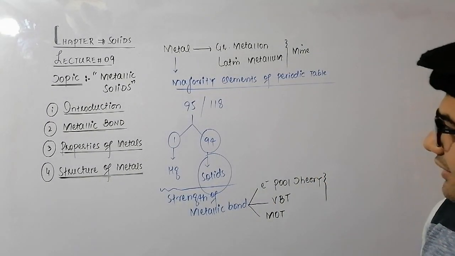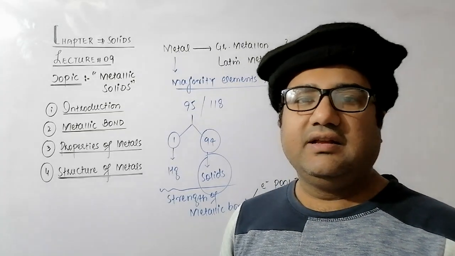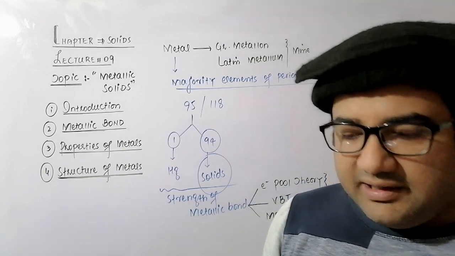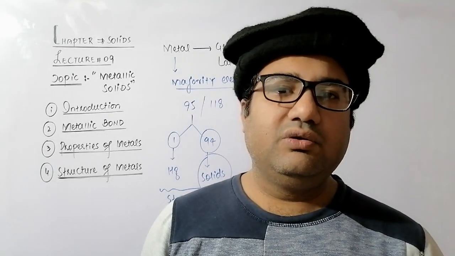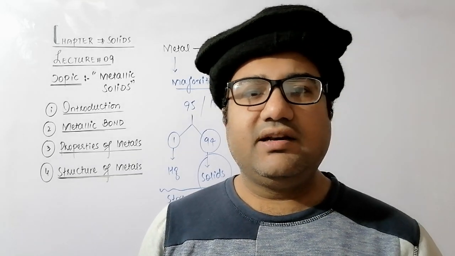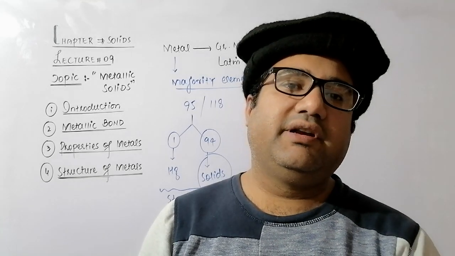So according to electron pool theory, the metal atoms have very large size. And it is quite evident from their position in the periodic table. The metals are present either at the left, at the middle, or at the bottom of the periodic table.